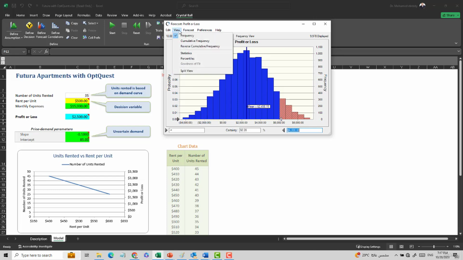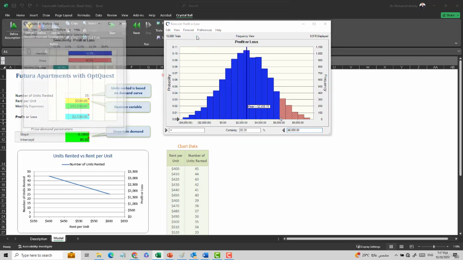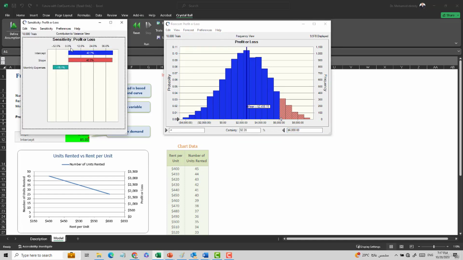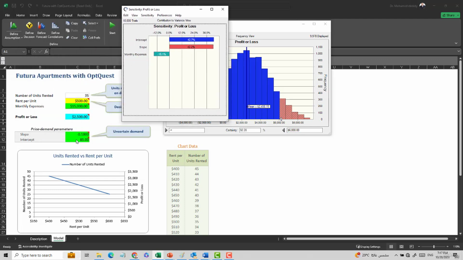Okay, then view, open sensitivity chart. Here, the intercept value is very important, affecting, and the slope. So this value will be affecting the calculation of the profits that you have.